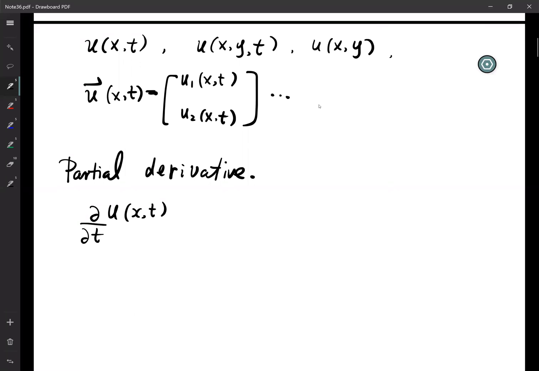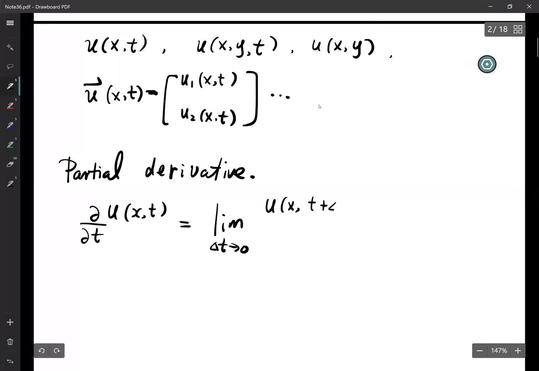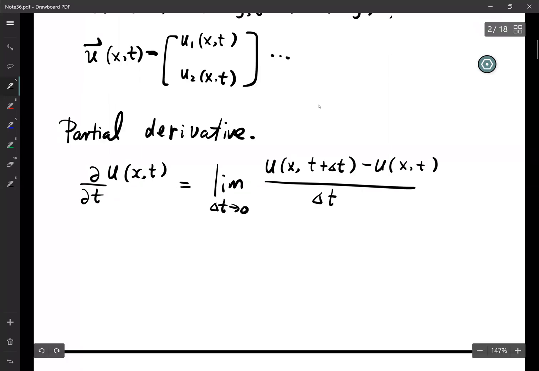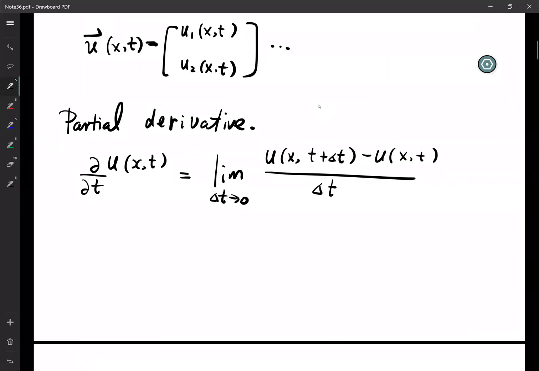For partial u, partial t, we take a limit, along the time direction only. We move by a tiny bit, delta t, compute u(x, t + delta t) minus u(x, t), and compute this ratio with respect to delta t. I let delta t go to 0, and I define the partial derivative with respect to t. In particular, here x stays put.